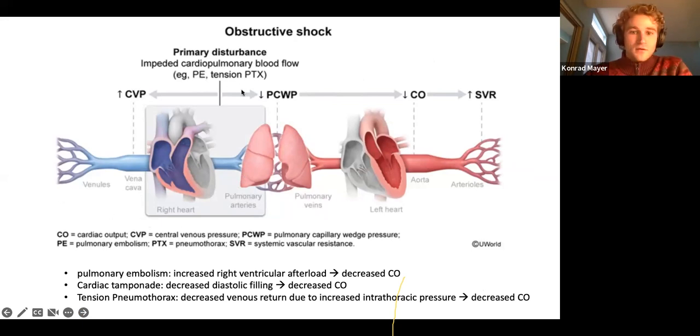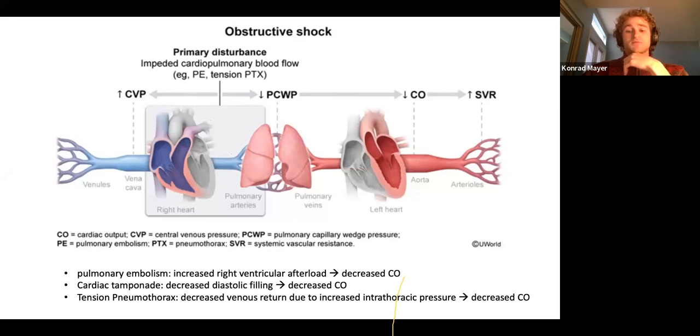So where's the problem in obstructive shock? The problem can be in a few different areas. I think the easiest way to understand obstructive shock is to just imagine the pulmonary embolism, because the pulmonary embolism is an embolism in the pulmonary arteries, and it's just as if you were to block the blood right here and put a clog in the pulmonary artery, an obstruction.